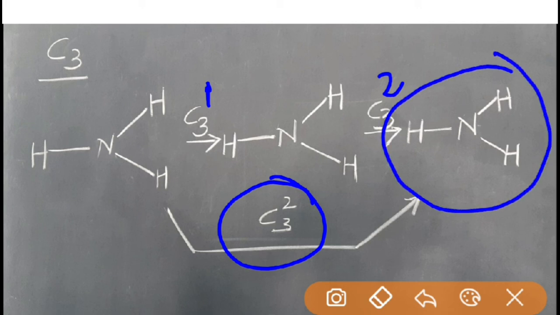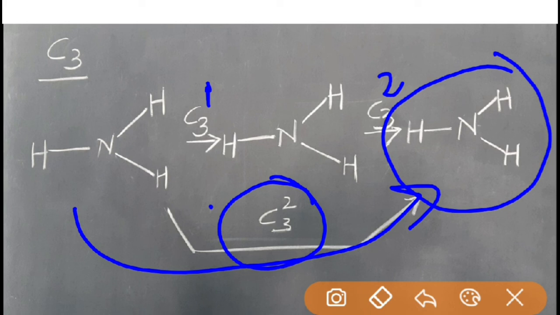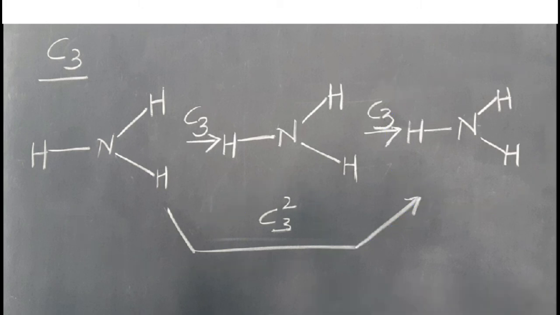So C3-2 is nothing but the C3 operation executed 2 times, that's it.